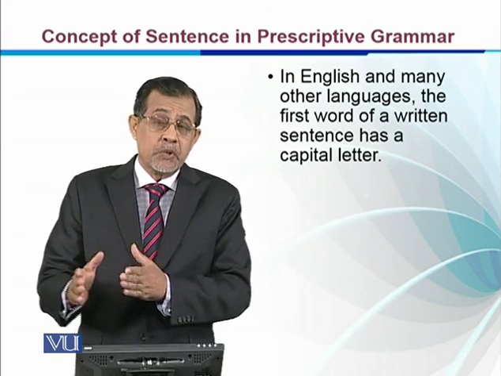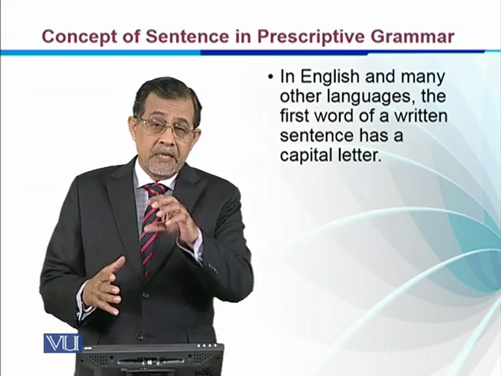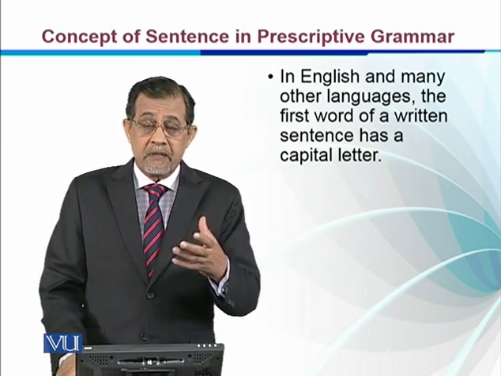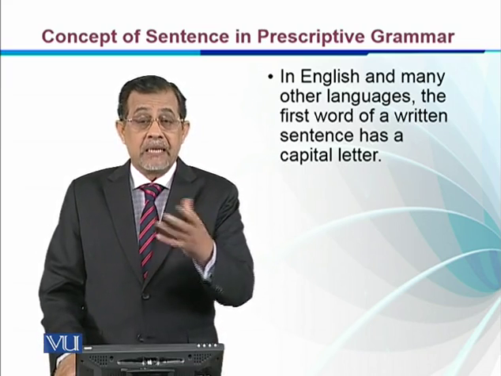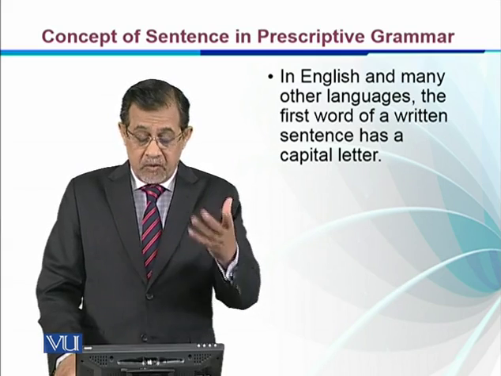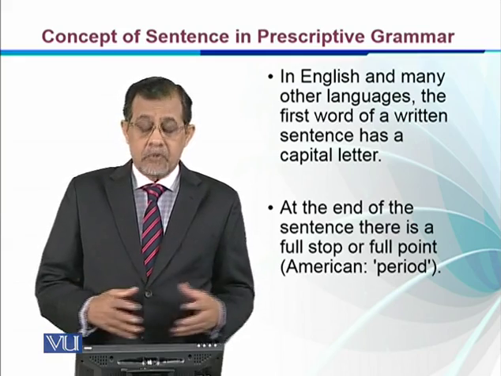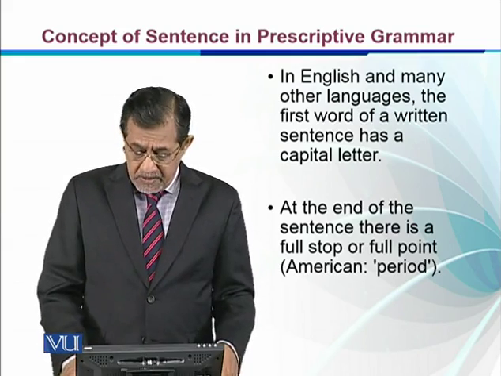This end punctuation is also explained in the definition of the sentence. Obviously, there can be any terminal mark like an interrogative sign or exclamatory sign at the end of the sentence.